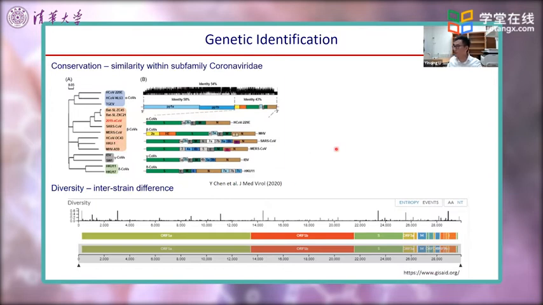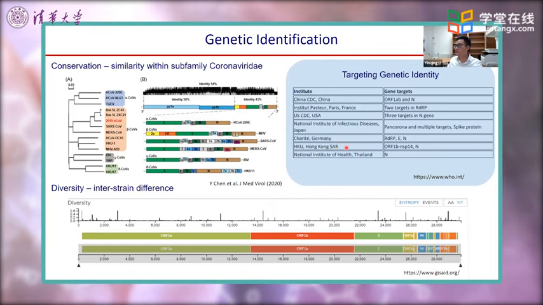Different countries have designed their own guidance for genetic detection based on this principle. For example, the China CDC has advised the use of a small fragment within the ORF1ab gene and the N gene, and testing their presence in order to detect the virus.